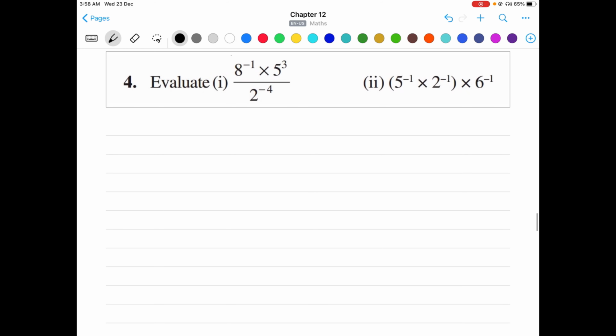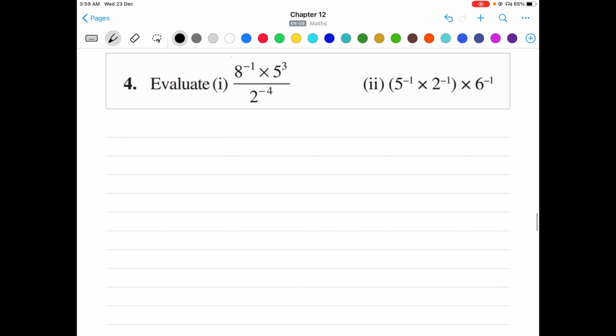Now moving to question number 4, we have these two parts here. Again we have to find the value of the given number using a suitable law of exponent. The first one is 8 power minus 1 multiplied by 5 power 3 divided by 2 power minus 4.